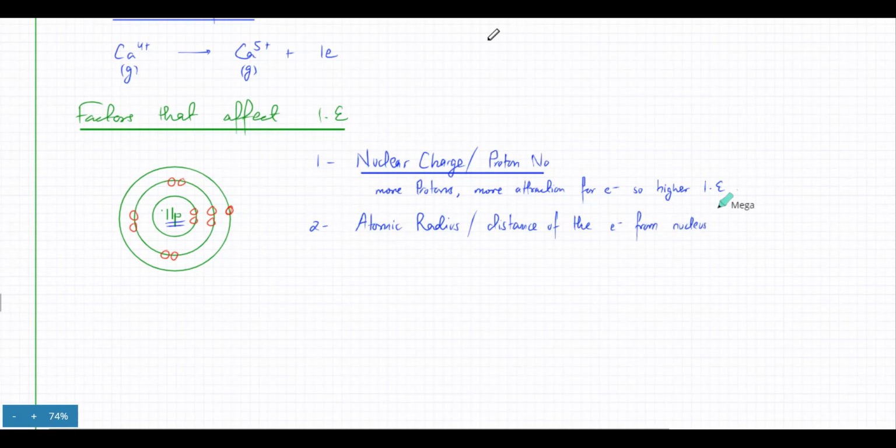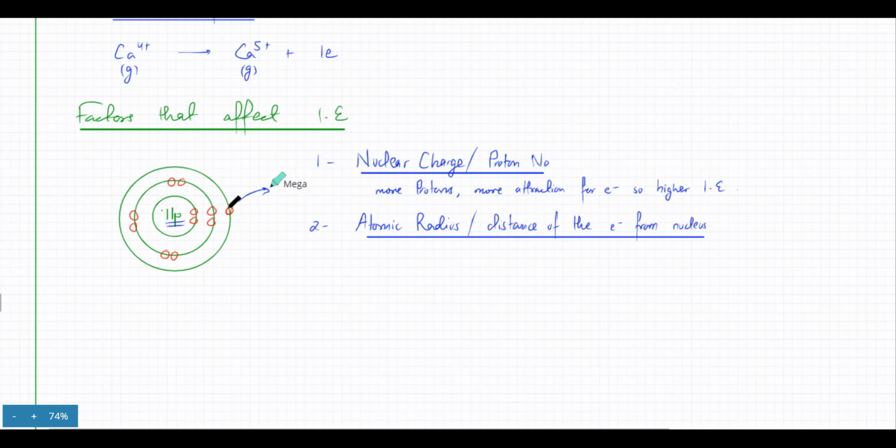If you're trying to remove an electron that is very far from the nucleus, because the distance is greater, the attraction would be less.